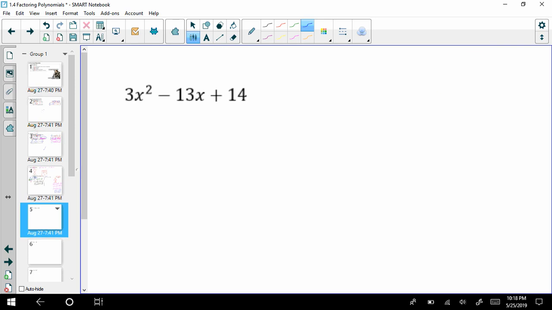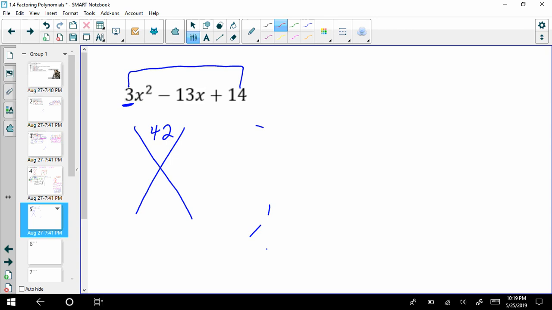All right, notice this time the leading coefficient, this number in front, is not 1 anymore. This is where the morphing trick really helps my previous students. So I want to multiply 3 times 14, which would be 42.